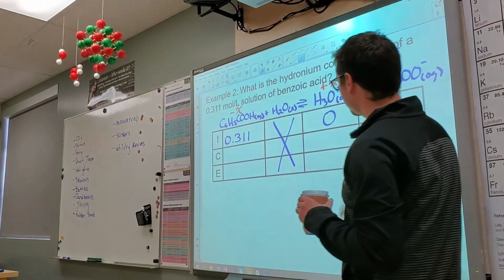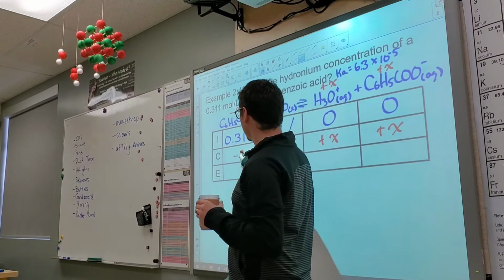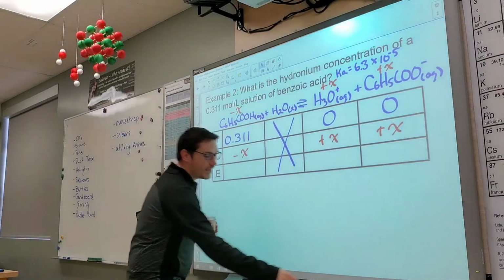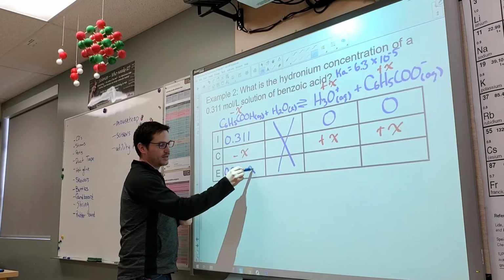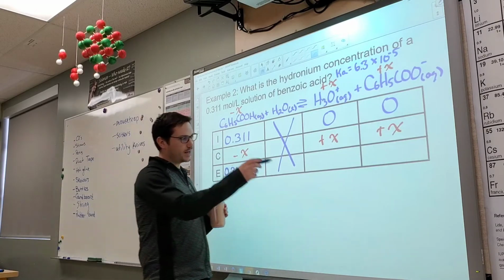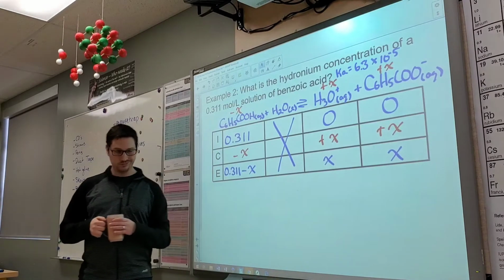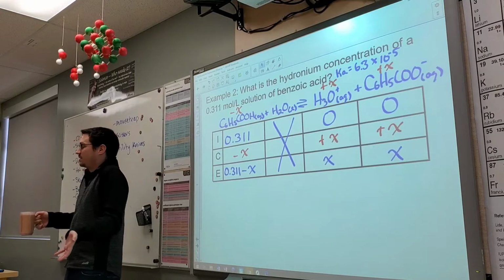So this is going to gain an x, this is going to gain an x, and this is going to lose an x. So we're going to end up with 0.311 minus x, x, and x. We know we're going to get something, but we don't know what it is yet. That's the whole point.